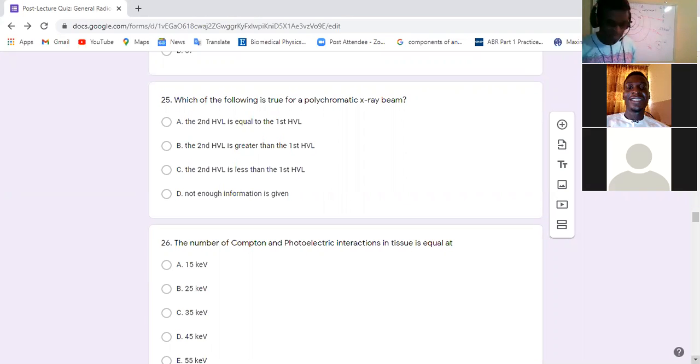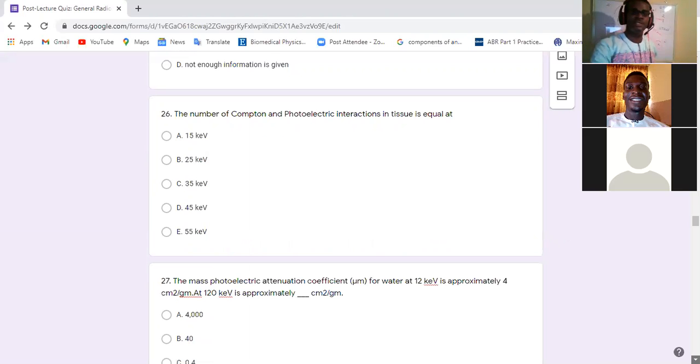That's why the homogeneity coefficient is less than 1, because the homogeneity coefficient is the first HVL over the second HVL. This leads to beam hardening. So 26.